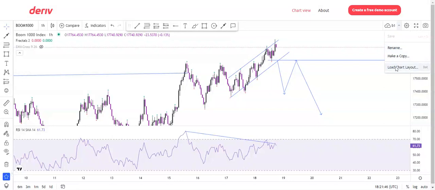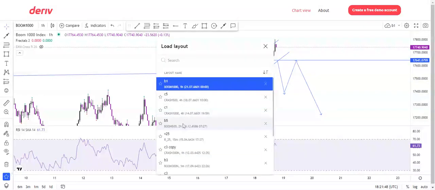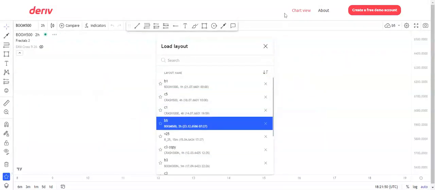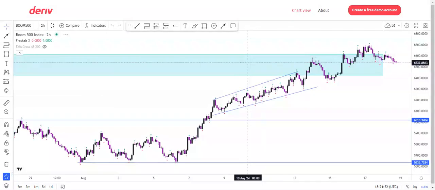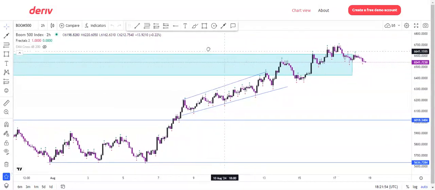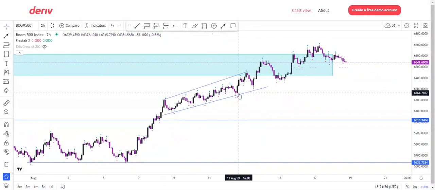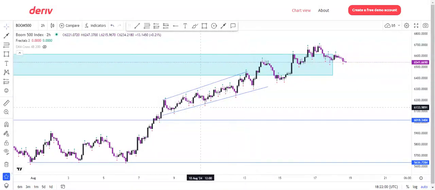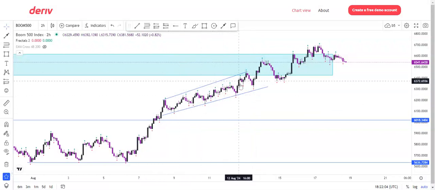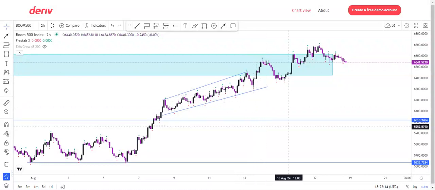Finally, let's look at Boom 500. Just the same way I was telling you about B1, if it won't close those highs and give us a retest, we don't enter.